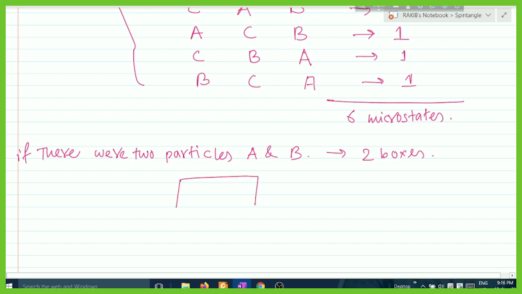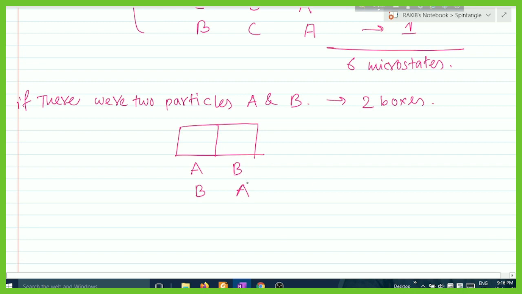Say this is the box, and these are the 2 boxes. You can arrange them like this, AB and BA. You cannot arrange in any other way. This produces 1 microstate, and this also produces 1 microstate. The total number of microstates will be 2.